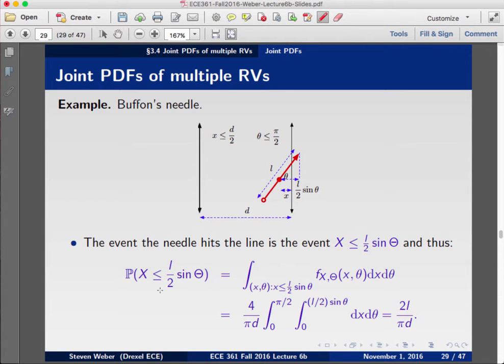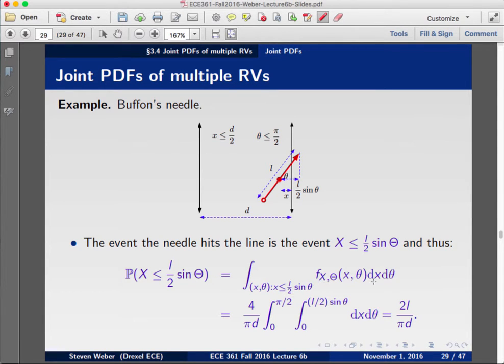So the probability of hitting is the probability that the pair x and theta obey this relationship. To evaluate this probability, I'm going to integrate over all possible x, theta pairs that satisfy that relationship. This means integrate over all x, theta in the support of x and theta that further obey the requirement that x is less than or equal to L over 2 sine theta.